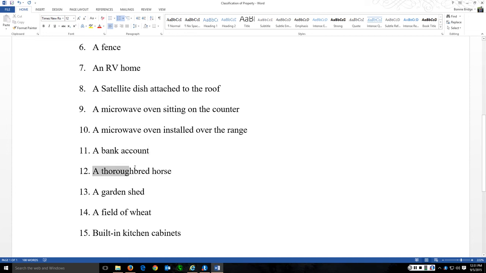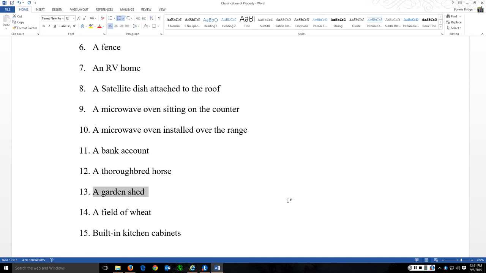A thoroughbred horse. It's not real property. It is considered personal property because, even though it's living, personal property can be inanimate objects or a living thing. A garden shed. If this is attached to the land, it's going to be considered real property.